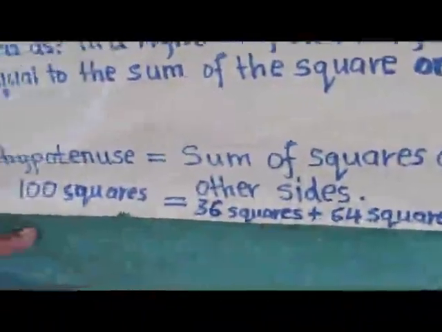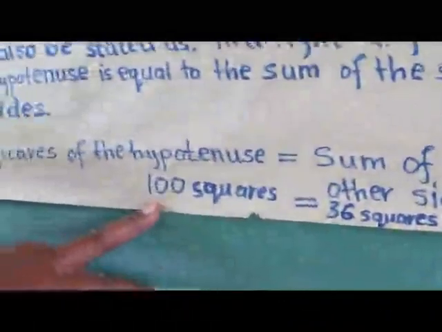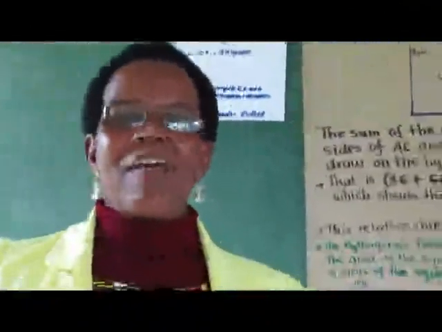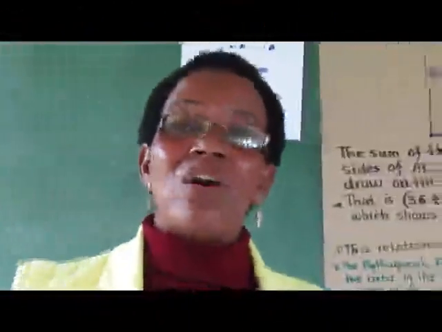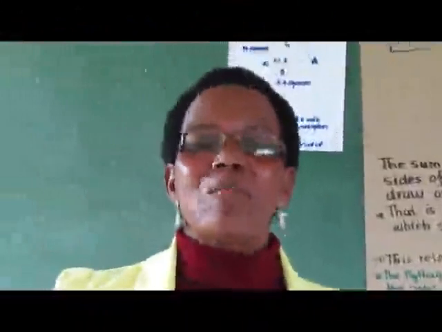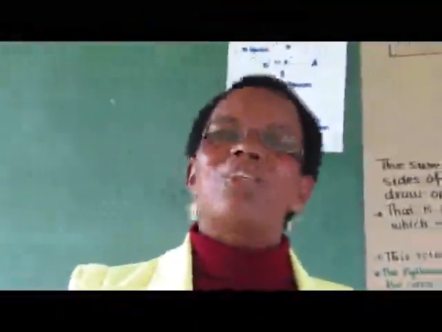You get 100 squares. Students, we can now state the Pythagoras theorem as a squared plus b squared is equal to c squared. That is a mathematical theorem which can be proved and is true.